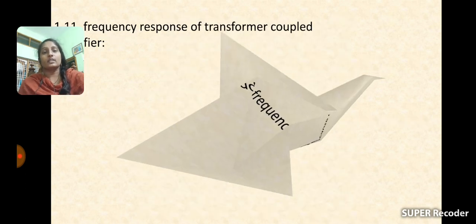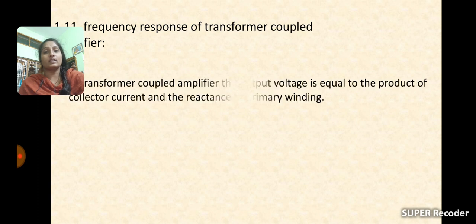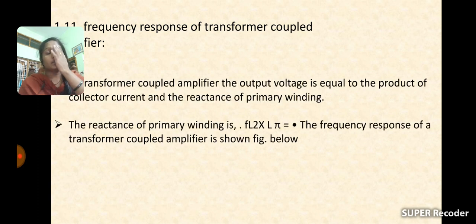These are the different advantages and disadvantages of the transformer coupled amplifier.